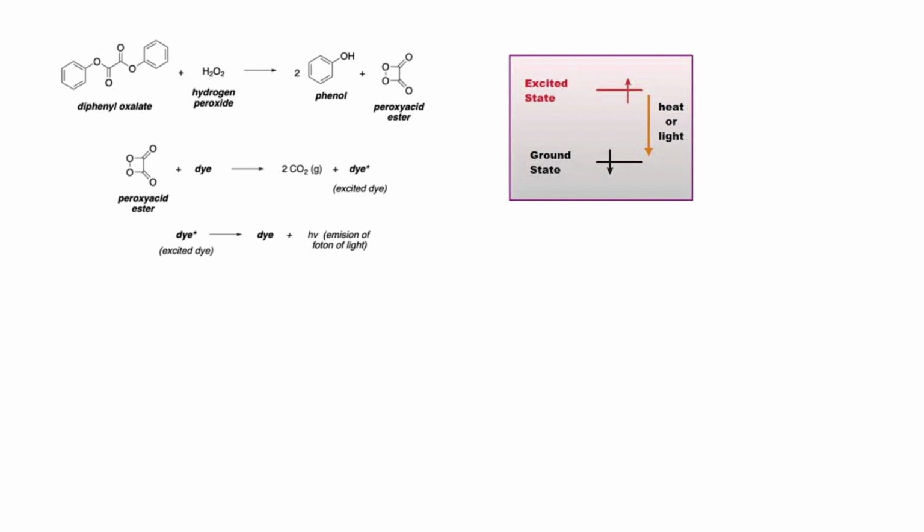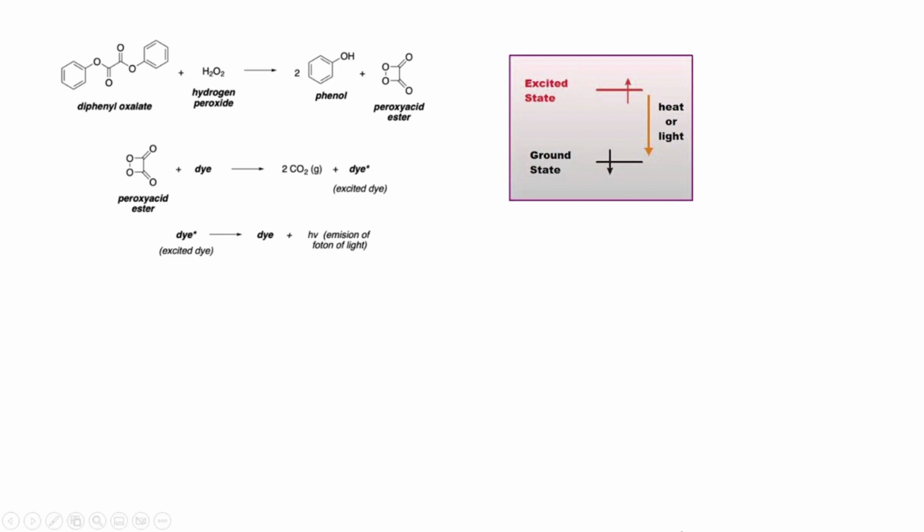That is the glass vial breaking inside the tube. So the diphenyl oxalate and hydrogen peroxide get mixed, and it breaks down to phenol and the peroxy acid ester, a cyclic unstable ester, which produces the excitation energy. It breaks down to two molecules of carbon dioxide and transfers the excited energy to the dye.